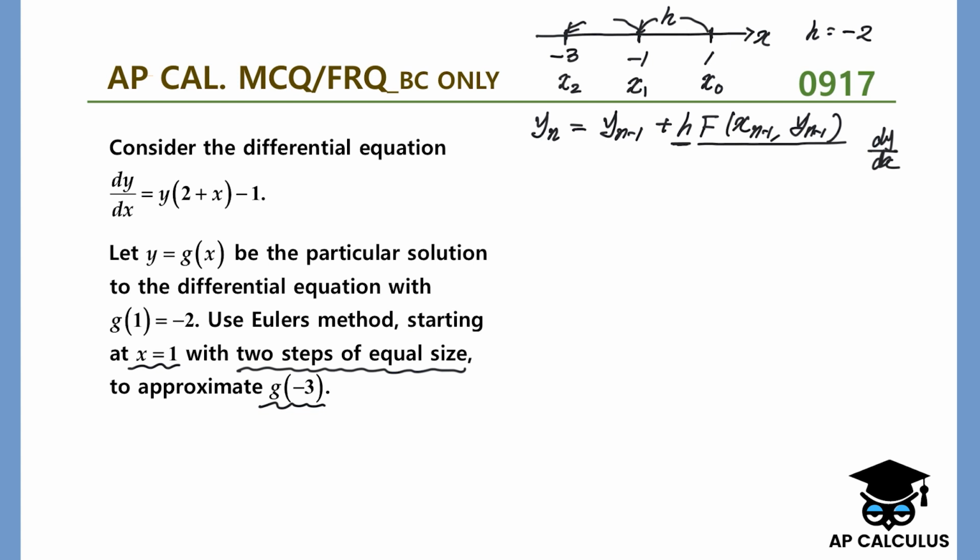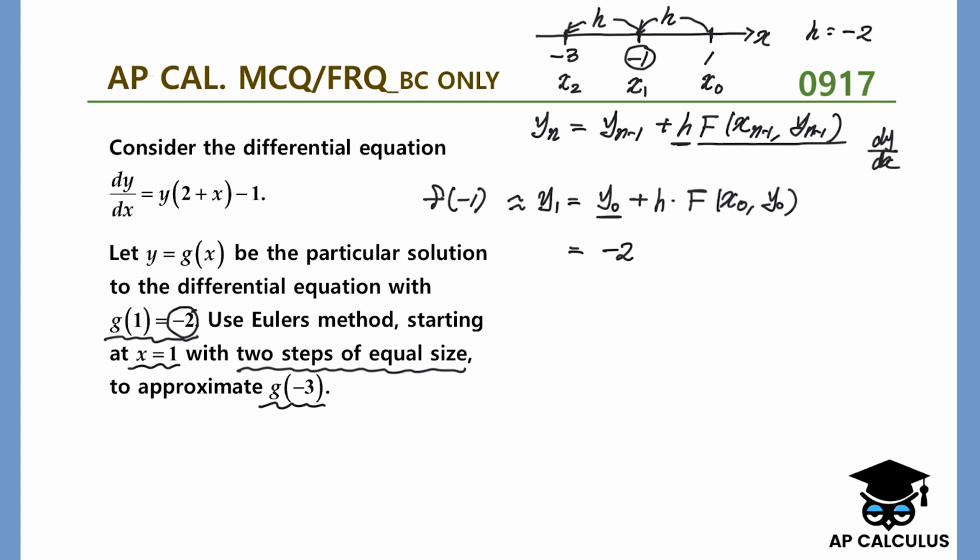So let's find y1. y1 is the approximation for x equal to -1, so y1 is equal to y0 plus h times f(x0, y0). y0 is the value of y when x0 is equal to 1. So that's going to be -2 here, right?